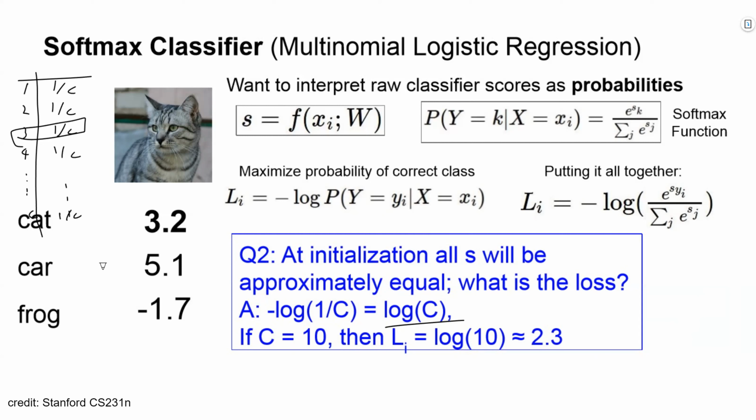How do you calculate the loss? Minus log 1/C. And that becomes log C. And why do we care about this kind of situation? Because when we first implement our softmax function, we need to debug or check whether our implementation is correct or not. And to check that, we put these numbers in and compare the output of the function.